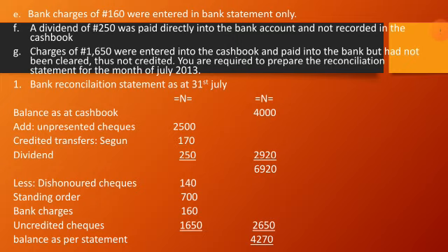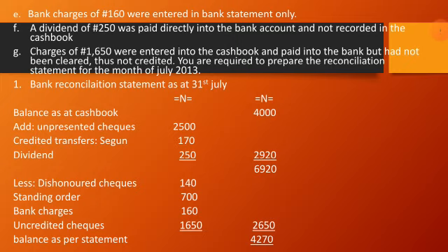Credit transfer was made by Shagun for 170 naira. Credit transfers are money paid directly to the firm's account, which the organization may not even be aware of. It is only after looking at the statement that they will get to know this. So credit transfer is added.